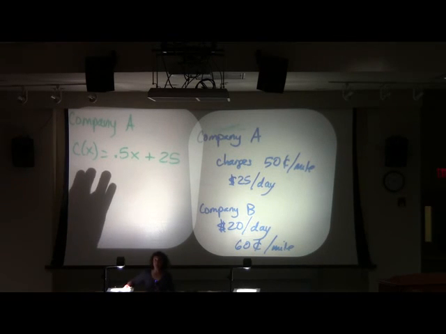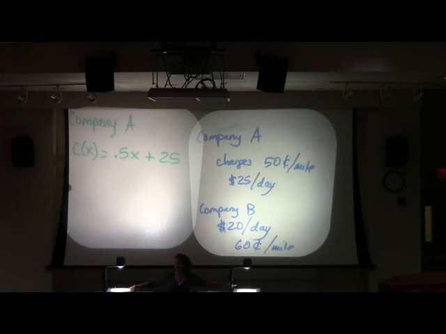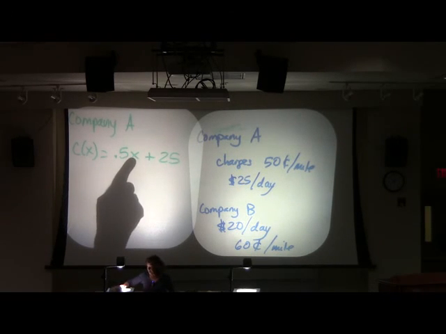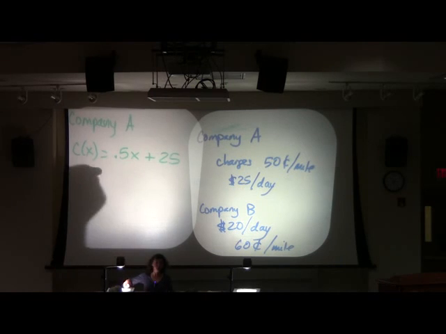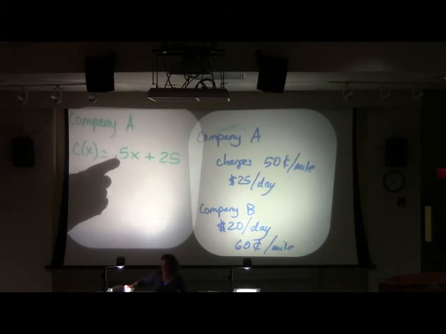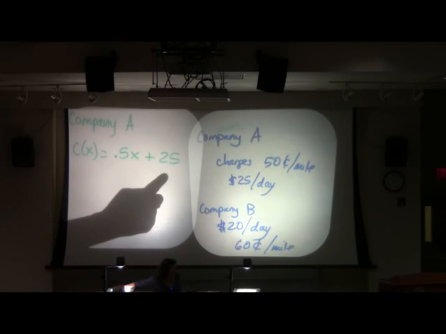You all see how I got this cost function from my first scenario, right? If I drive 0 miles, in other words, this thing's 0, it's still going to cost me 25 bucks. If I drive 1 mile, it's going to cost me $25.50, etc. You guys with me here? So this is essentially our variable costs, and these are our fixed costs.